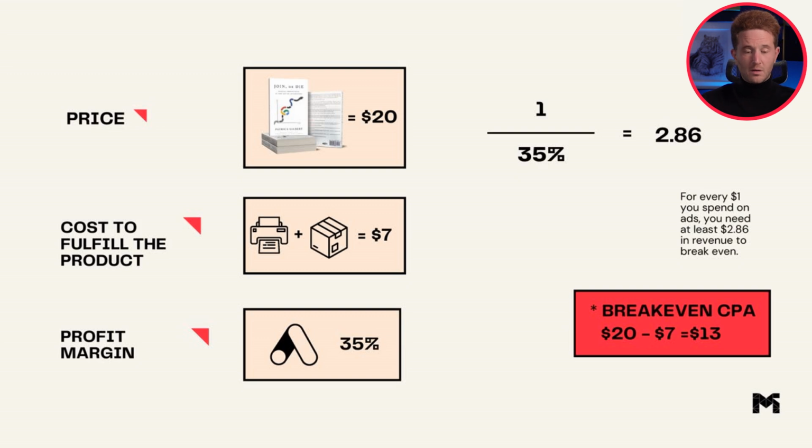Well, I take my cost, 7, divided by 20, my revenue. So your cost divided by your revenue will give you your margin. You can multiply by 100 for a percentage, you're going to get 0.35. So 35%. I have a 35% margin. Now I could just do 1 divided by 0.35. 1 divided by 35% is 2.86, which means for every dollar, and you need to practice talking about this in English.